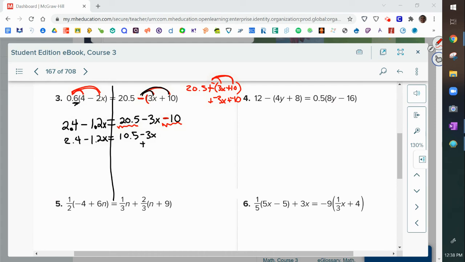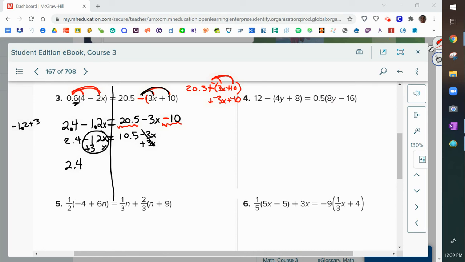I'm going to do this. All right, line those place values up. That cancels out. Oops, I usually do that in red, sorry. But I get 2.4 here. And these guys are different signs, right? Negative 1.2 plus 3.